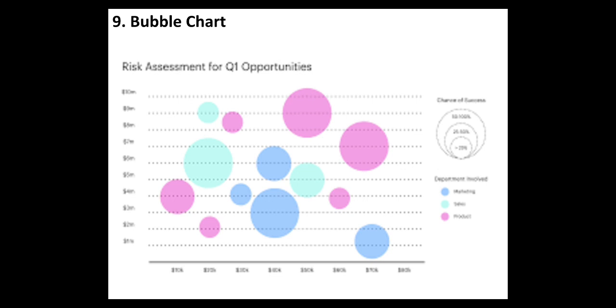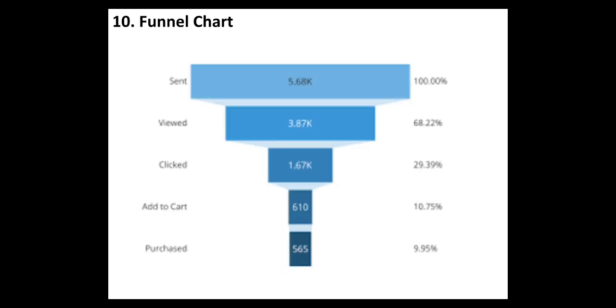Coming to the next chart, the funnel chart. The funnel chart is shown in the image. These are often used to represent how something moves through different stages. It displays values as progressively decreasing proportions, accounting for 100% in total.